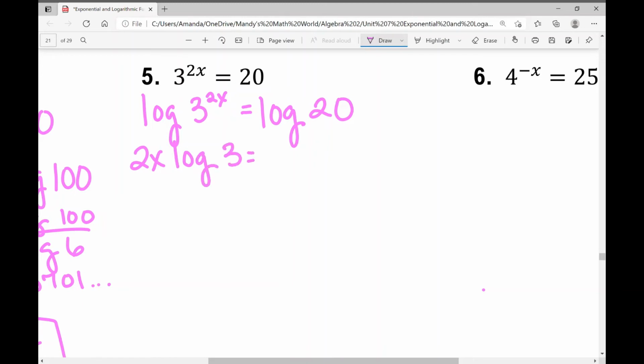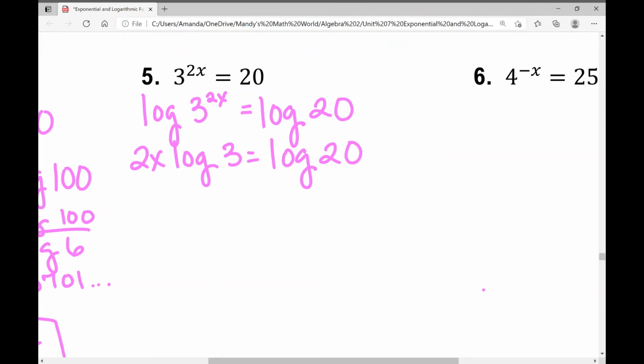And I want to show you that I don't need those parentheses whenever I do this. I just did it on the last one. And again, our goal is to get the variable all by itself. So that's 2x times the log of 3. I'm going to divide by the log of 3 to get rid of it. What I do to one side, I have to do to the other.